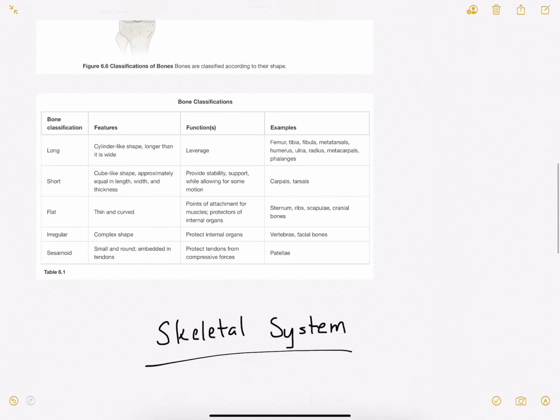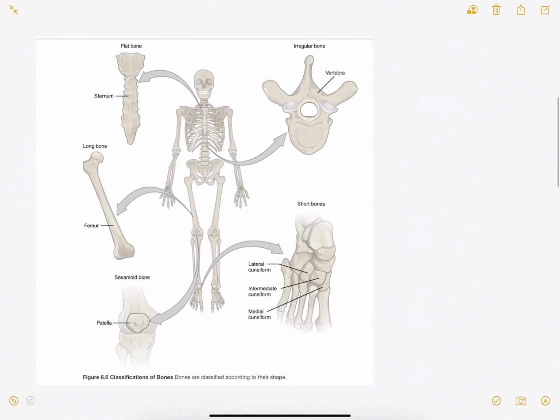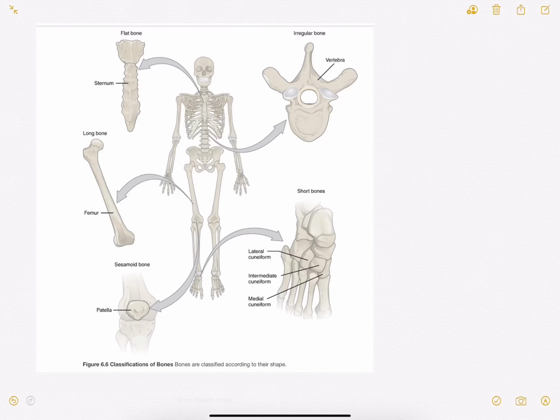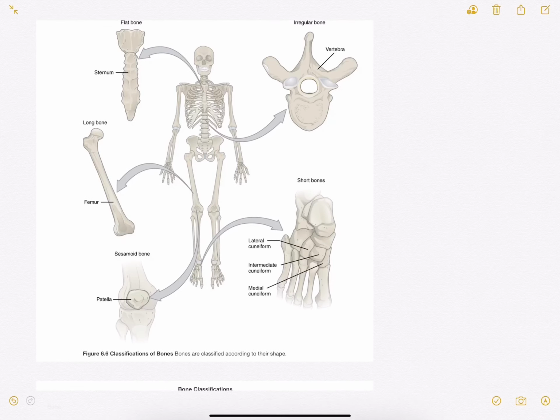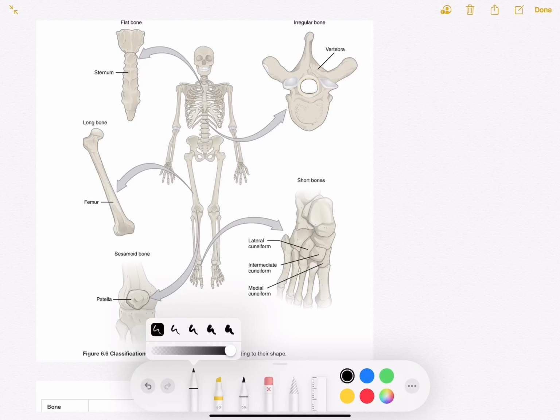Now, a really great example is the picture on the bottom right, where it says short bones. What you're looking at are the bones of the ankle, and if you notice where the black lines are pointing, they're very cube-like, compared to what's below them, which are our metatarsals.